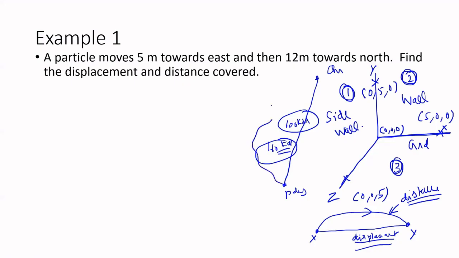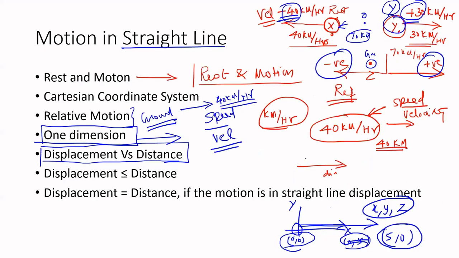The traveled path is like this. This is called a distance. So we should know the difference between displacement and distance. Always displacement is less than or equal to distance. If the motion is in a straight line, then displacement and distance are equal.